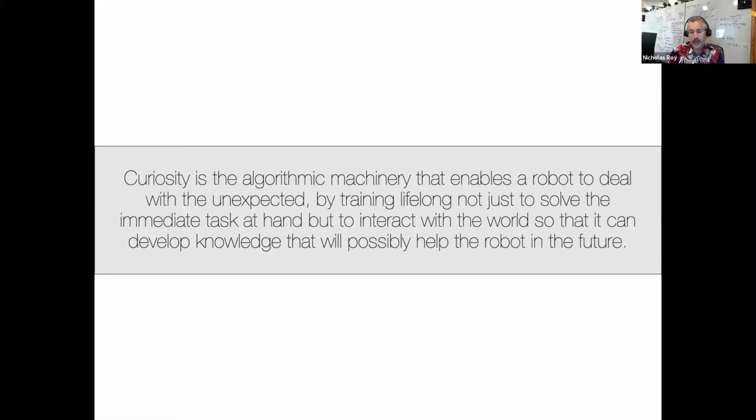We don't need models of every single tool that we're presented with right now. But our expectation is that in the future, we're going to have some understanding of how the world works. So it's building a model of the world right now so that we can get the knowledge that helps the robot in the future.